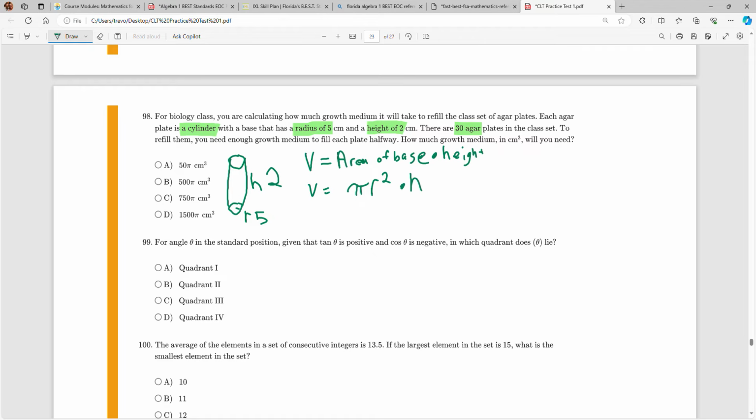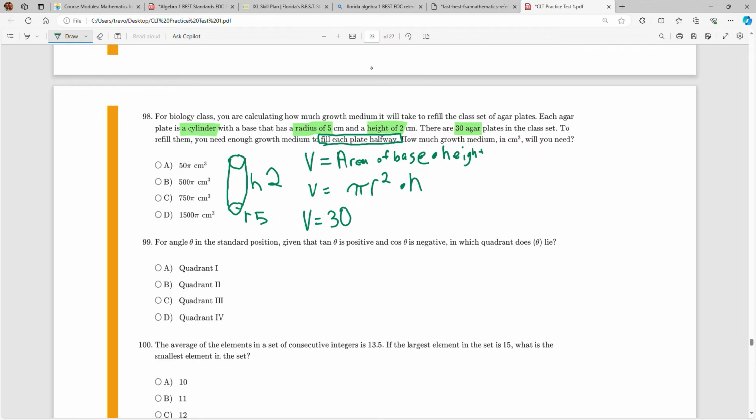And now I know that I have 30 of them, so the volume of the growth medium that I need is going to be, I need 30 of these things, right? Because there's 30 plates. The height is 2, but I only need to fill it halfway.